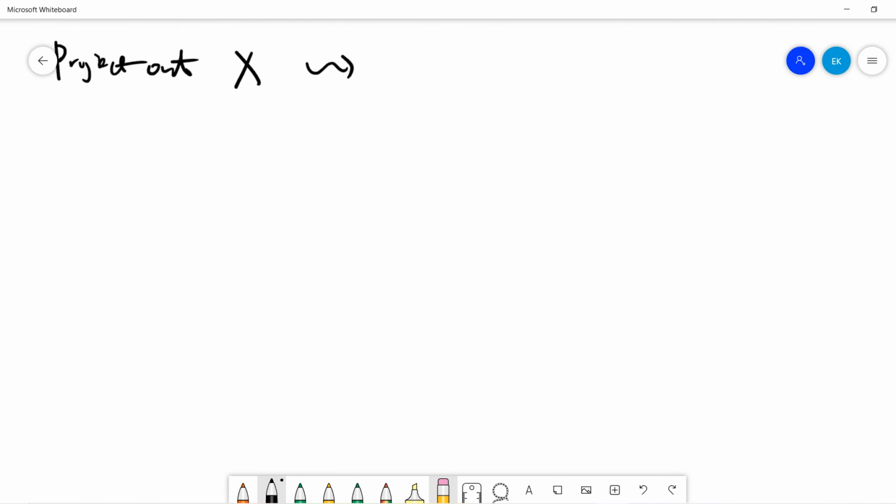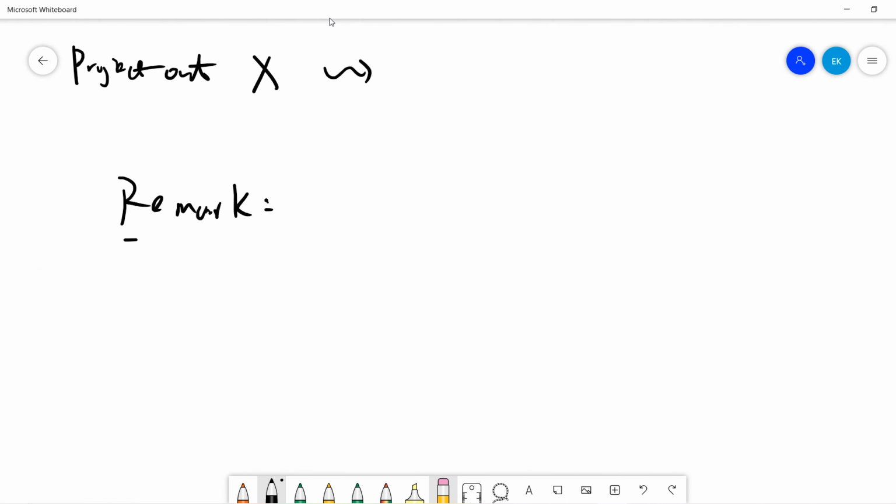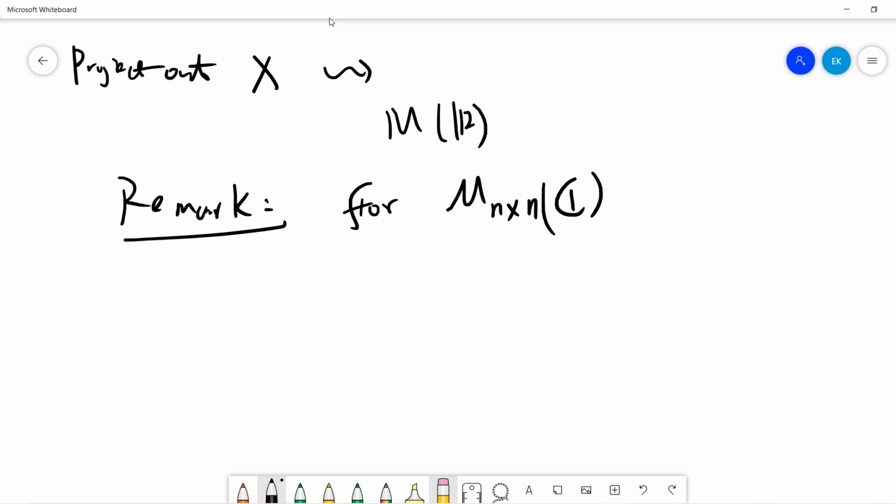Okay, so let me just end this video with a remark. There's a small remark that I want to say. Since we only proved this for the real case, for complex number coefficients, you just view complex as real R^2.